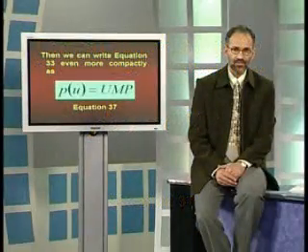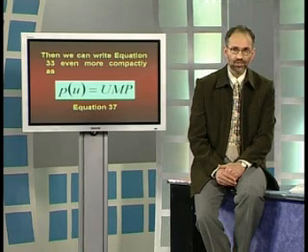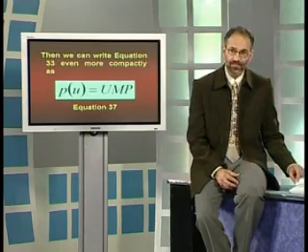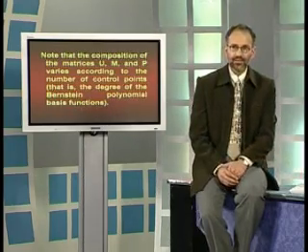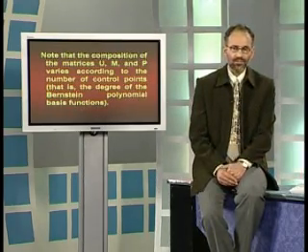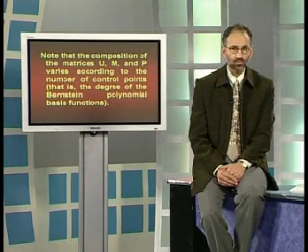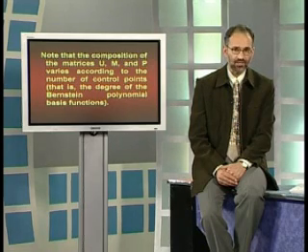Given the sequence, you'll be able to make some sense out of it. You know what U is, you know what M is, and you know what P is. So we have expressed P of u in terms of successive multiplication of matrices. Note that the composition of the matrices U, M and P varies according to the number of control points, that is, the degree of the Bernstein polynomial basis functions.